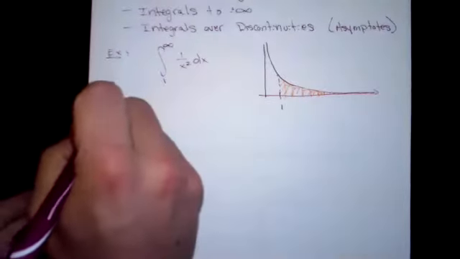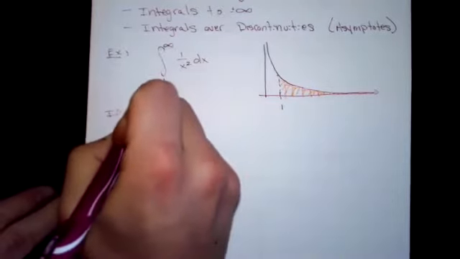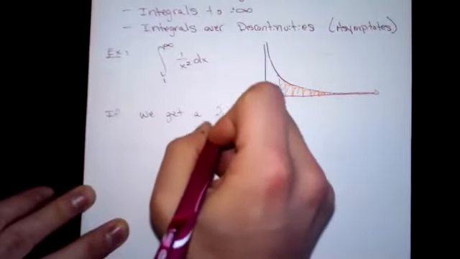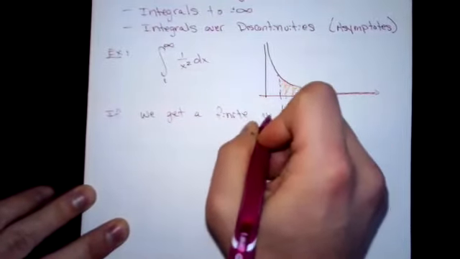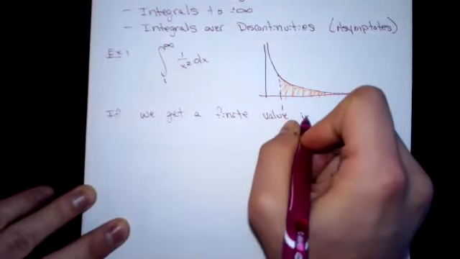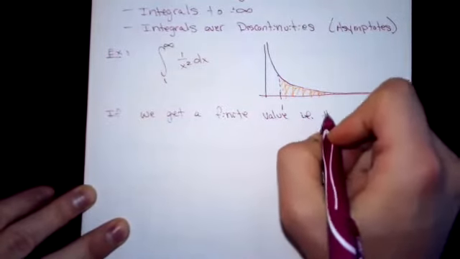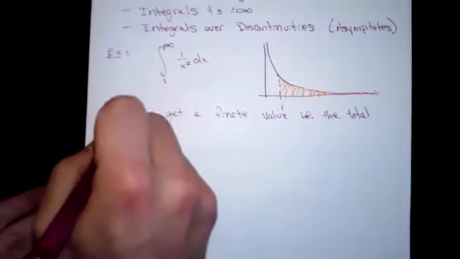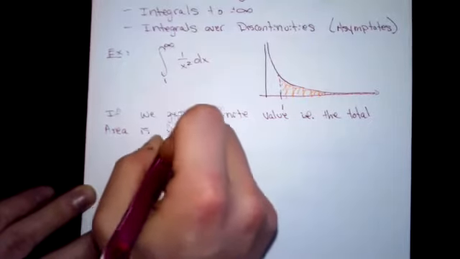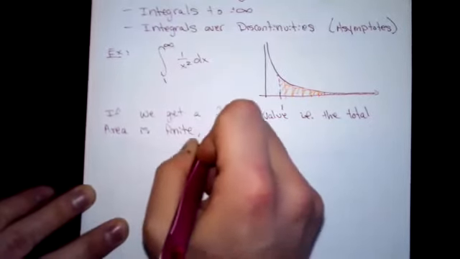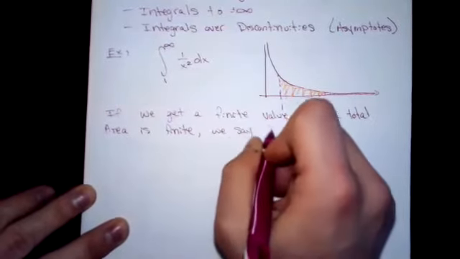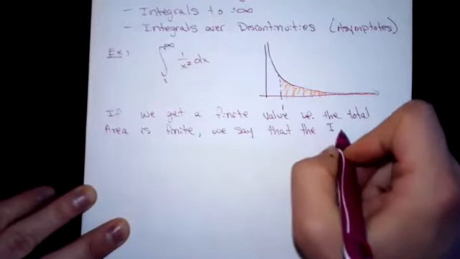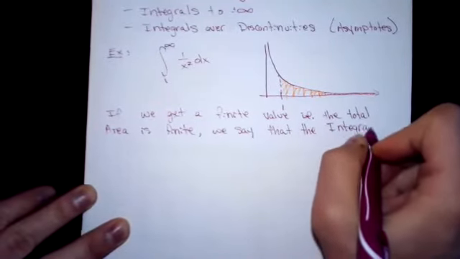If we get a finite value, i.e. the total area is finite, we say that the integral converges.